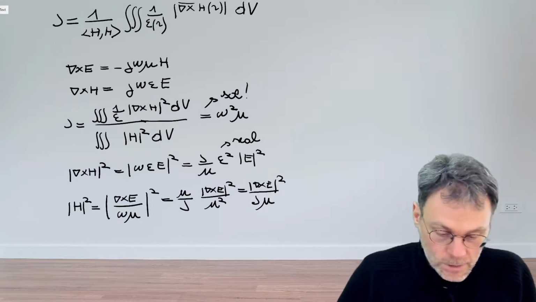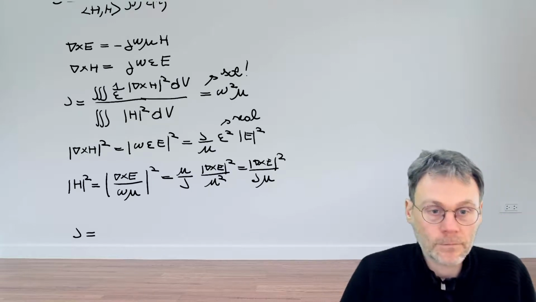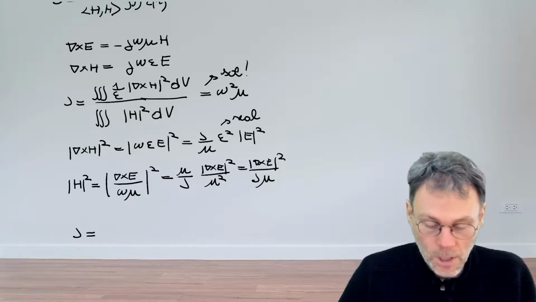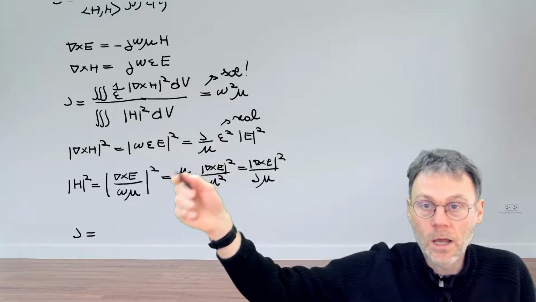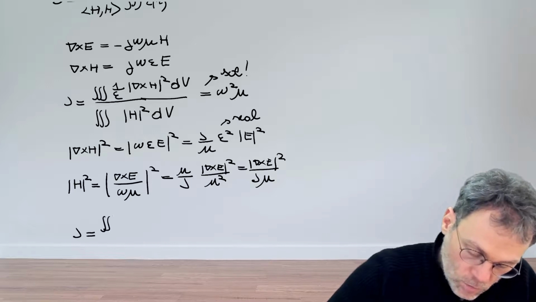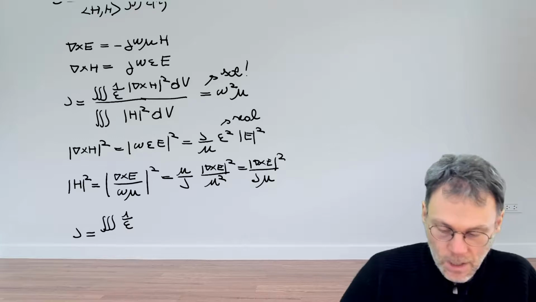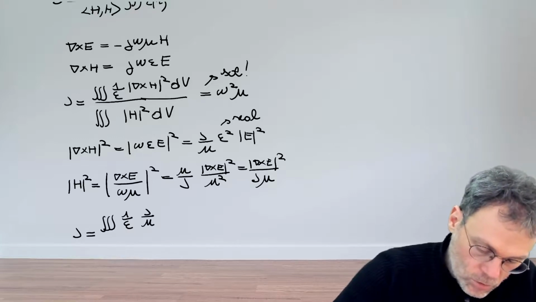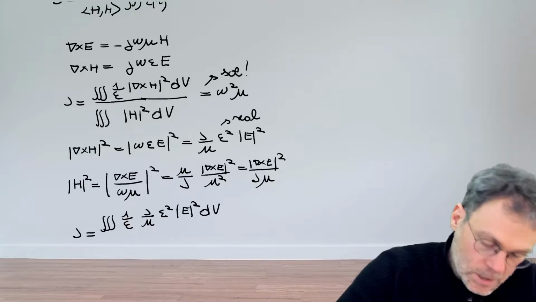Okay, let's get started. Let's write down our variational form, J. First of all, we're going to rewrite the numerator, that's this thing over here, and we're going to substitute what we found over there. For the numerator, we have a volume integral of 1 over epsilon, and then we figured out that here we should write J over mu, epsilon squared, magnitude of E squared dV.